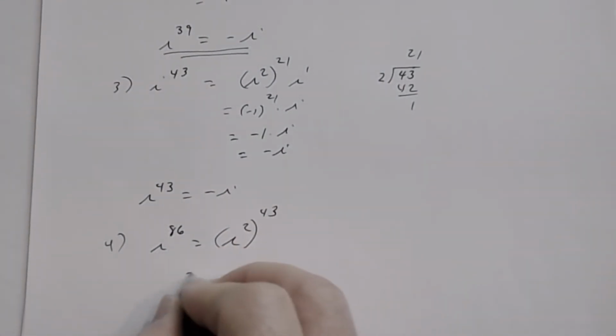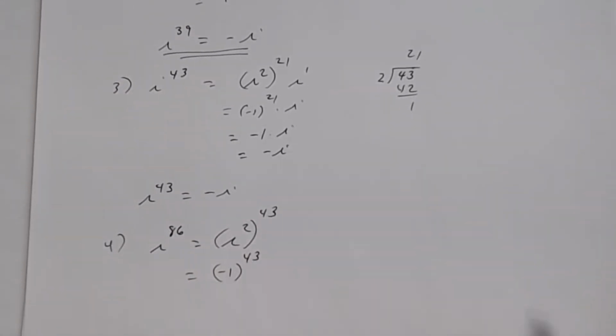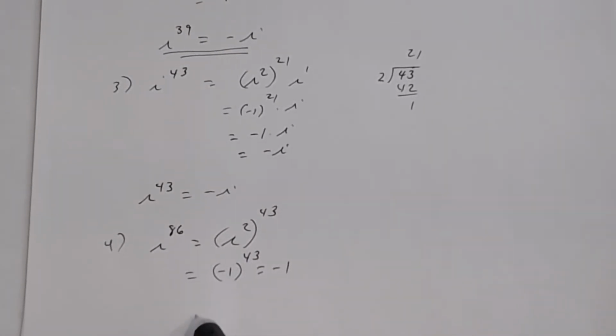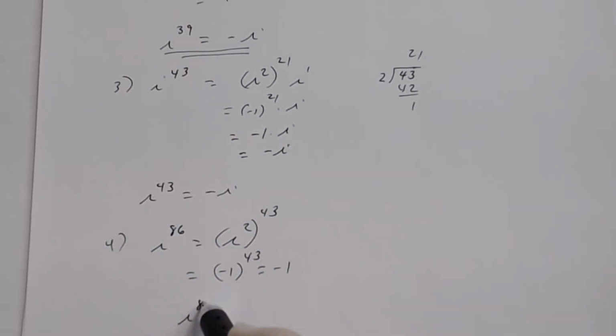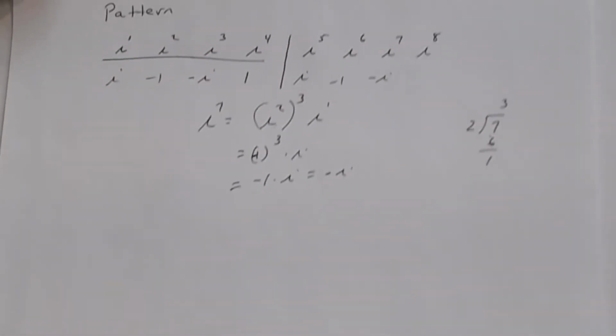So i squared is -1, and -1 raised to the 43rd power, an odd power, is -1. So I found that i to the 86 equals -1. As we continue on, I want you to notice this pattern, remember when we had that discussion?